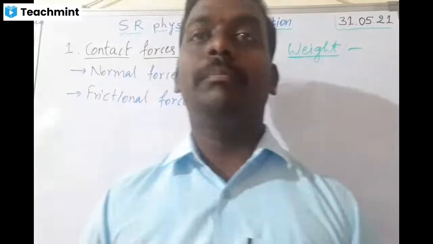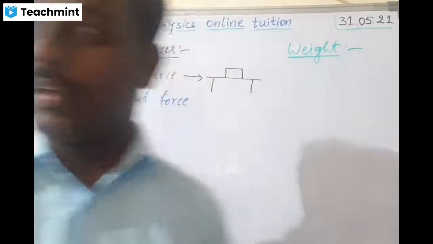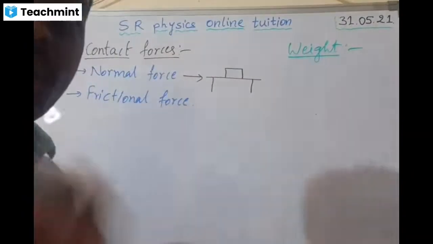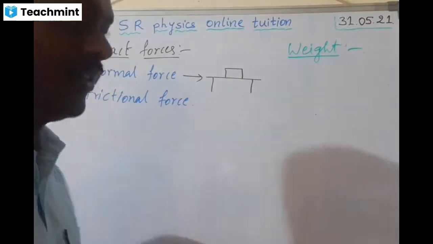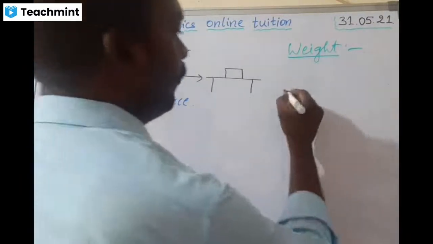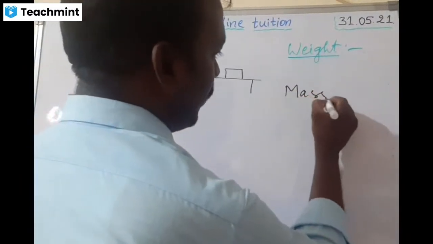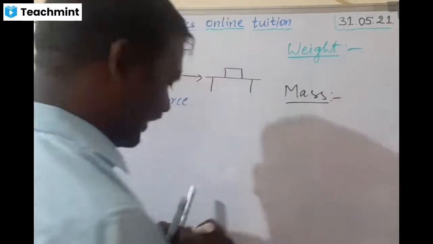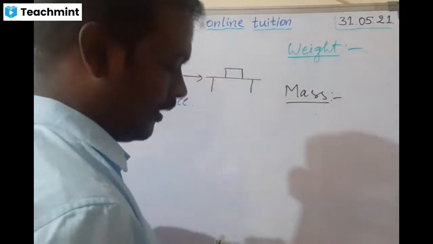What is the difference between mass and weight? So here, mass and weight are completely different things. See here, weight and mass. The mass is indicated with the letter what, Nana?